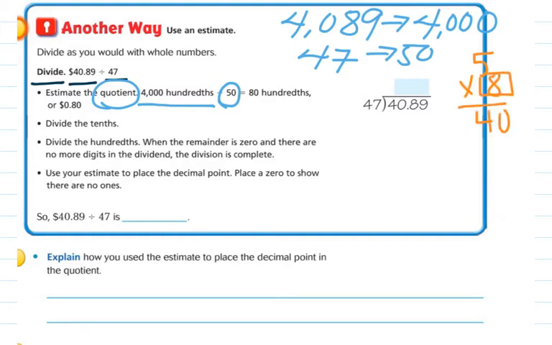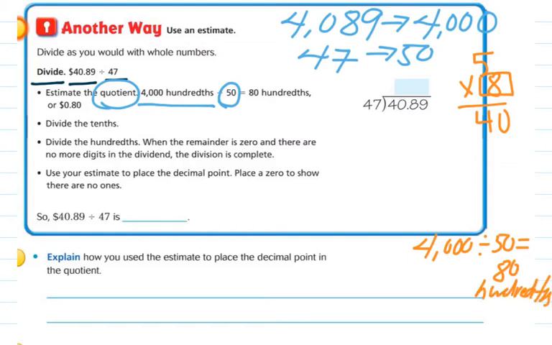That number would in fact be 8. And we could use those compatible numbers to build up to our larger sentence, which was, I'm going to erase this and put this on the side, 4,000 hundredths divided by 50, which would give us 80 hundredths.